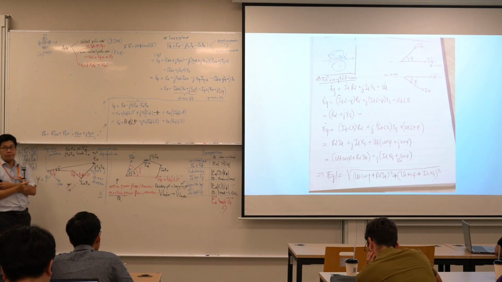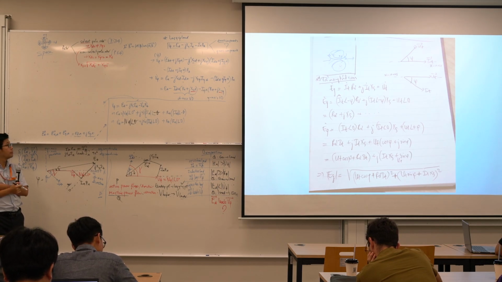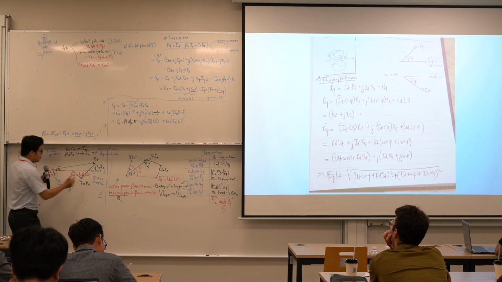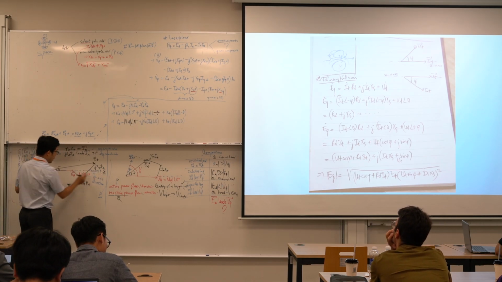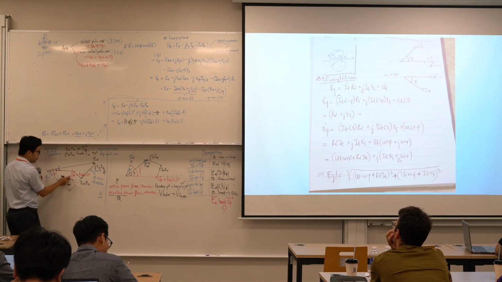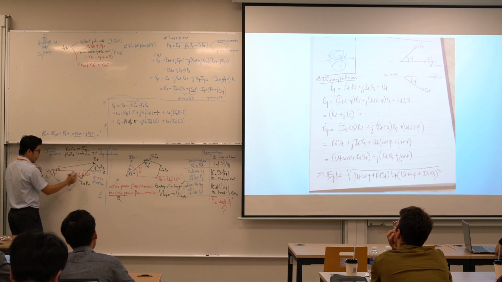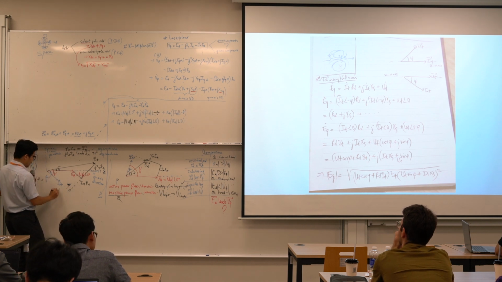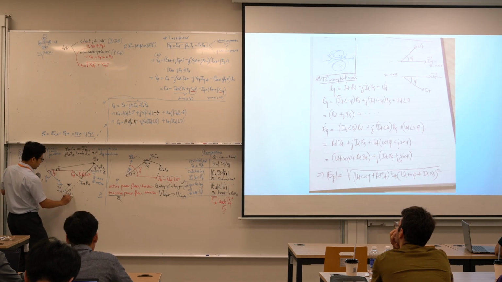Do you agree with me? So if you stay here and V phase now is reference and we follow clockwise, you get minus. So IA here is IA with minus theta.